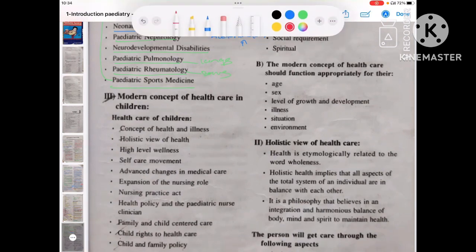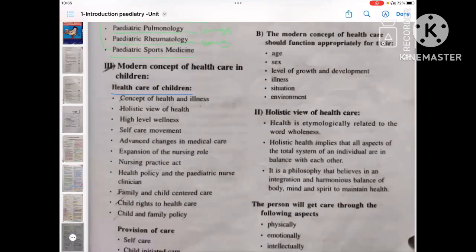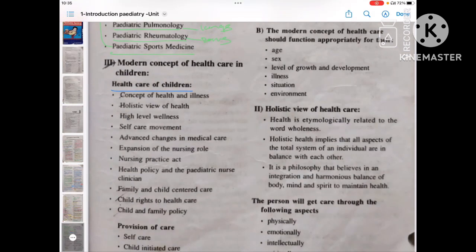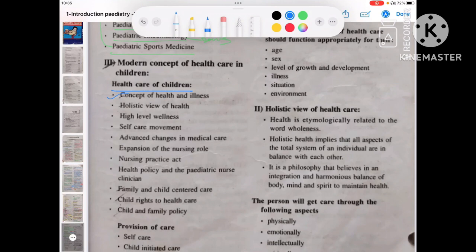How will children be cared for? The first one is the health care of children, how they will take care of the children. The concept of health and illness. So, what is the concept of health and illness? They mainly focus on health. What is the definition of health? I think you have studied about health.